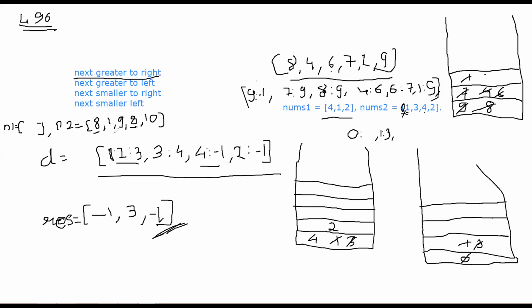So if the interviewer says keep the first greater value: suppose for 8 the next greater is 9, and for the same 8, the next greater is 10. There are 2, so we can ask the interviewer whether we should choose the first one or the last one.